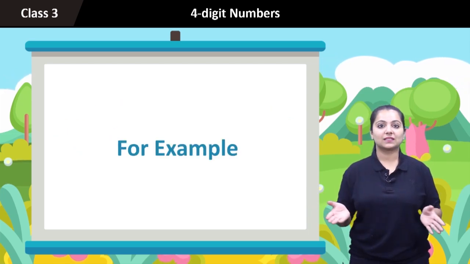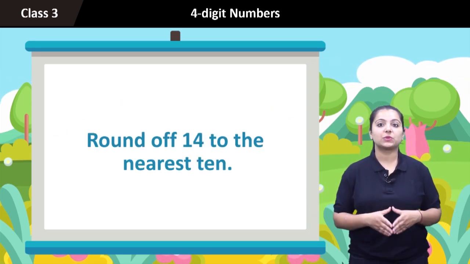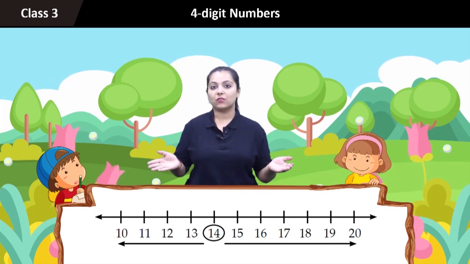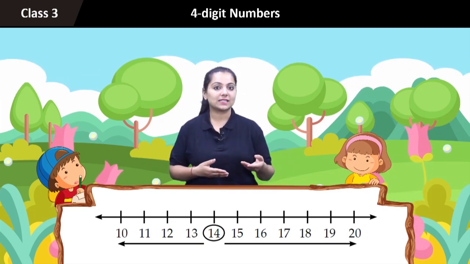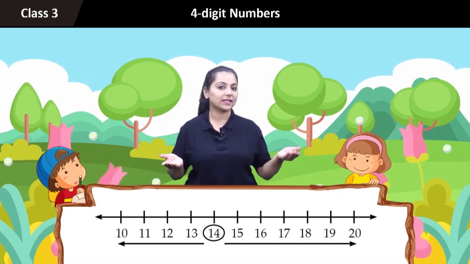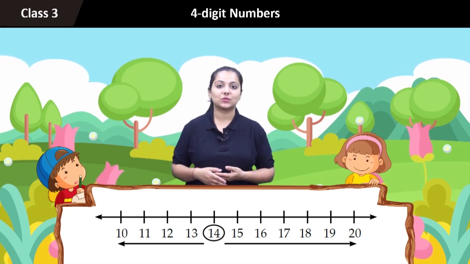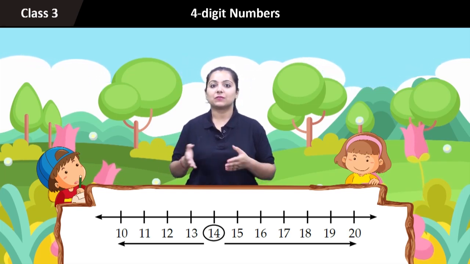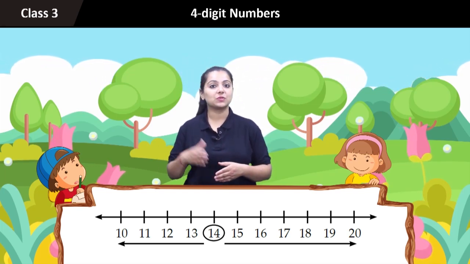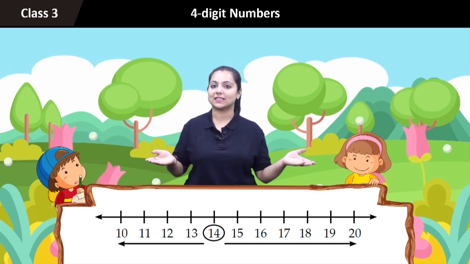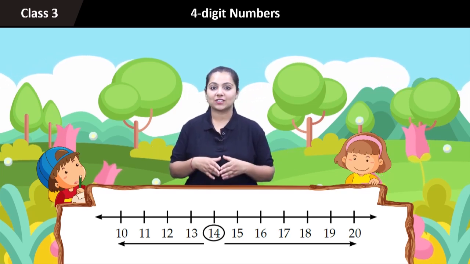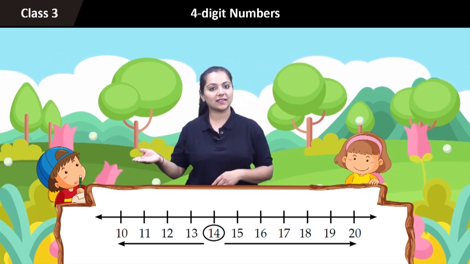For example, round off 14 to nearest 10. Now, tell me, 14 is near to 10 or 20? It is near to 10. 14 is nearer to 10 than 20. Thus, it is rounded off to 10.